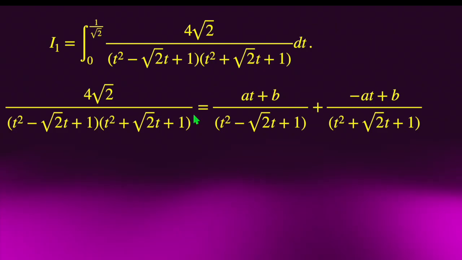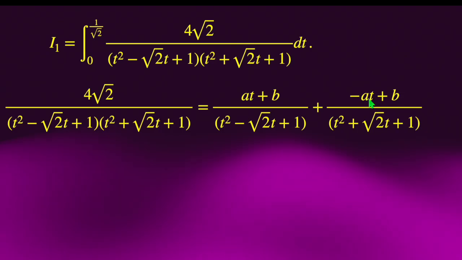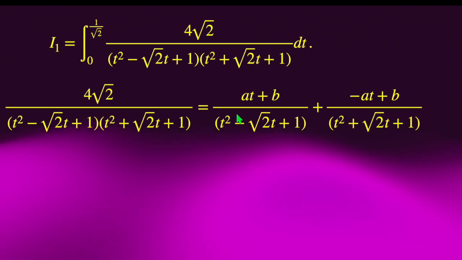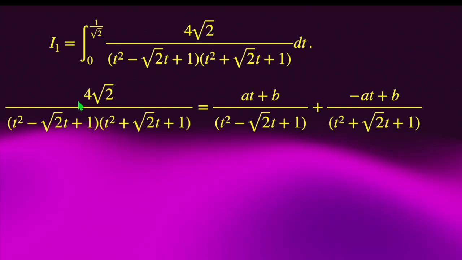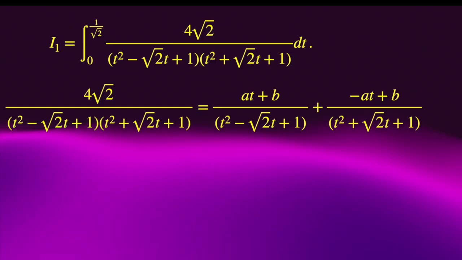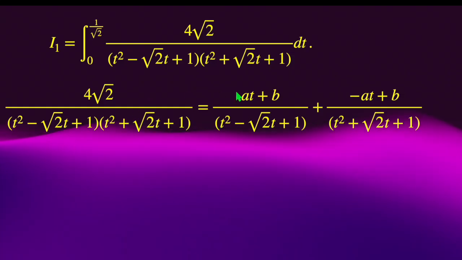And here, since if we replace t by minus t, we get minus a here and b here. So here we use the fact that this function is even.